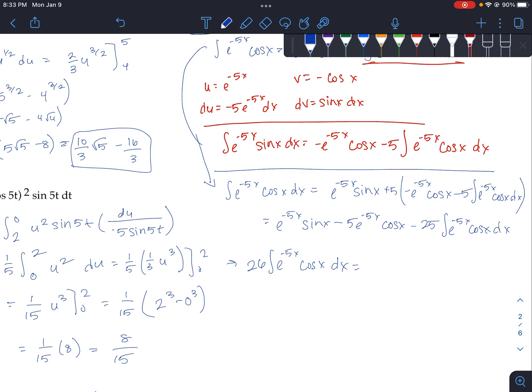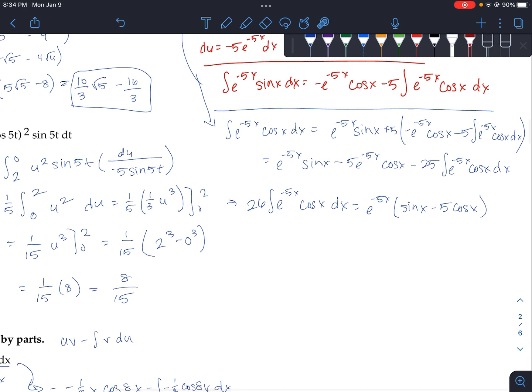Now, I'm going to factor out e to the negative 5x because you see that both these terms have e to the negative 5x. So I'll have sine of x minus 5 cosine of x. That's a lot easier to write. And this is what I'm trying to solve for, so I'm going to divide by 26.